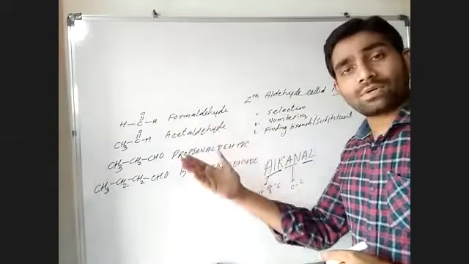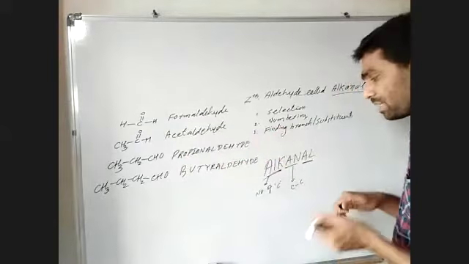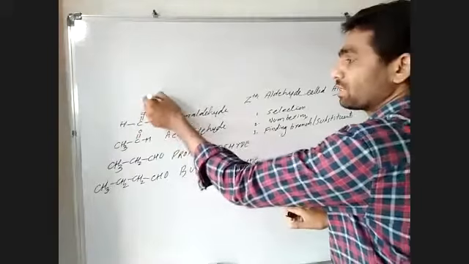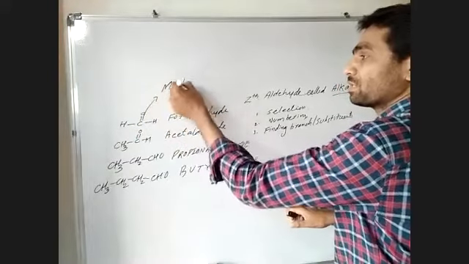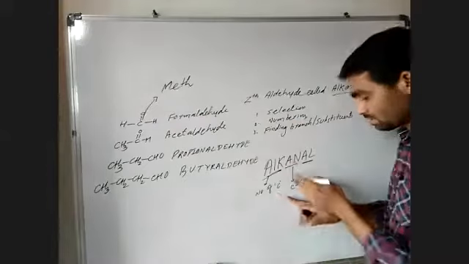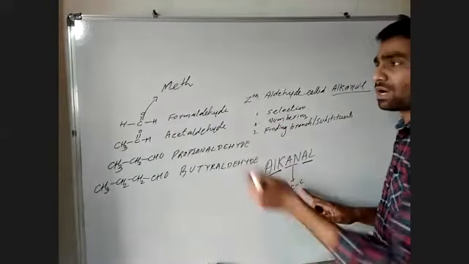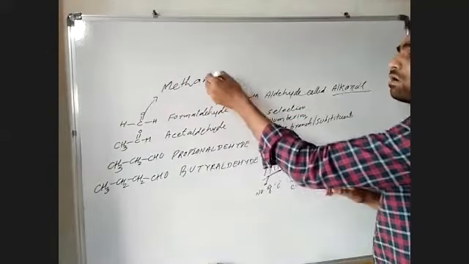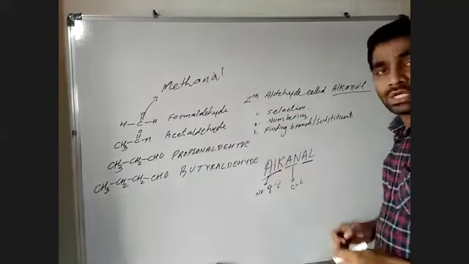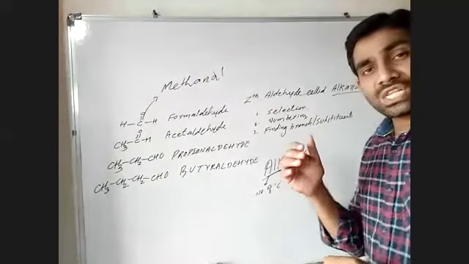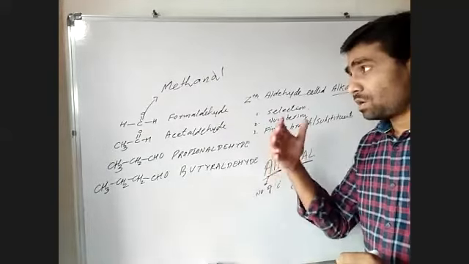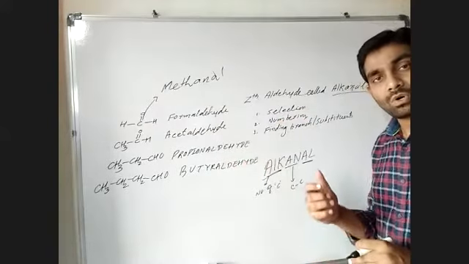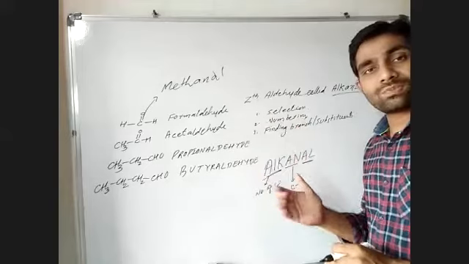There is only one carbon, so no need of numbering. There is no double bond or triple bond, only one carbon. So we can add meth, ane, and al: methanal. The IUPAC name of formaldehyde is methanal.